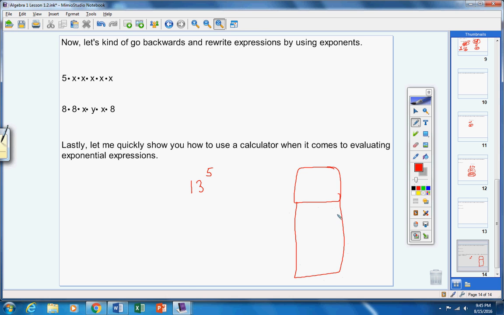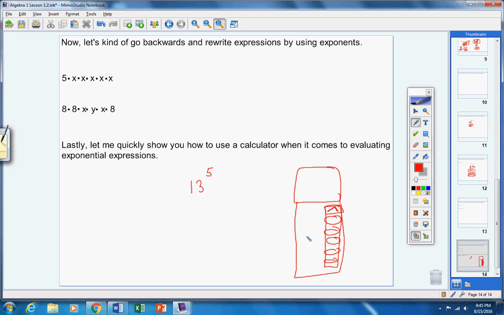In this column right here, you've got your enter button and your plus button and your minus and your times and your divide. Then right above it, there should be a button right here that has an arrow like this. Okay? That's the button you want to use.